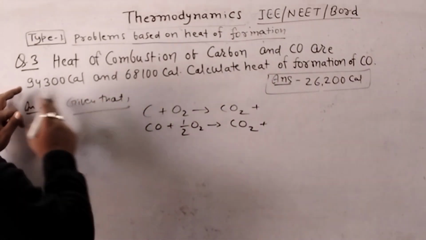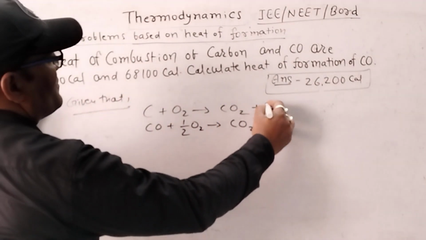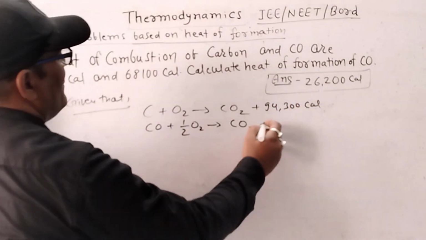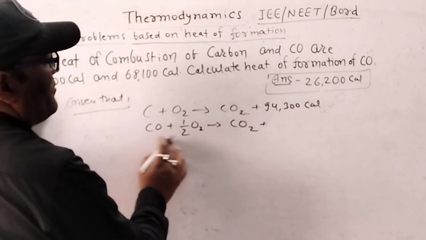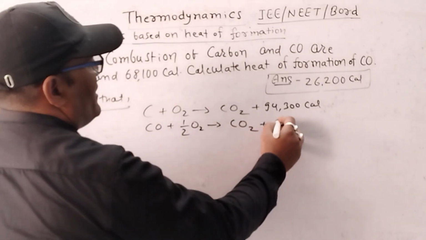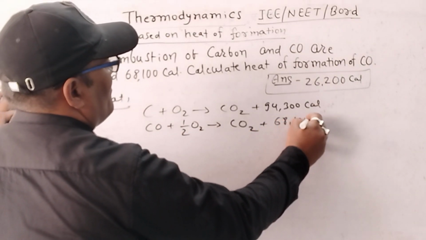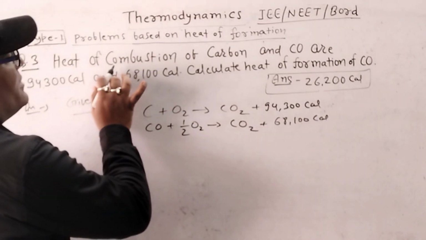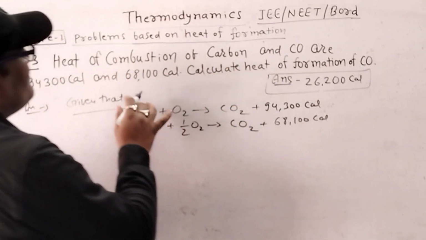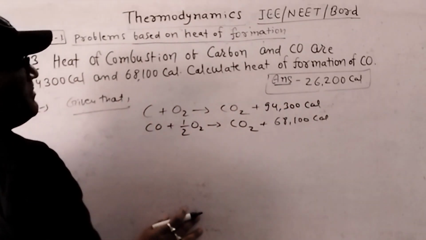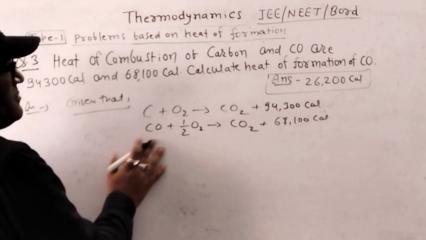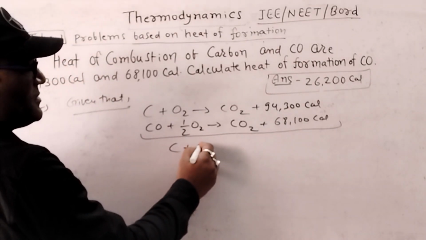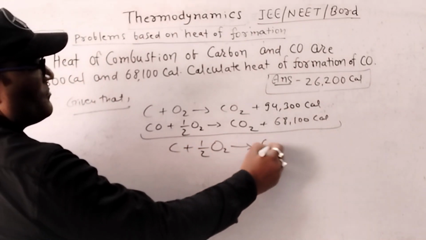For combustion of C plus O2 giving CO2, 94,300 calorie, and for combustion of carbon monoxide to CO2, 68,100 calories. Now for the calculation of the heat of formation of CO, CO is formed from C plus half O2.